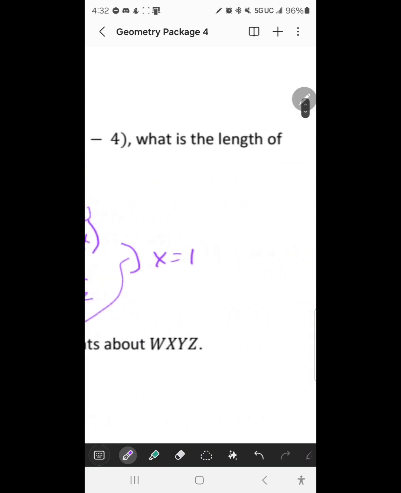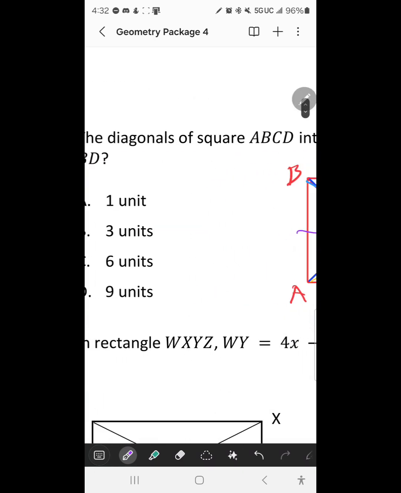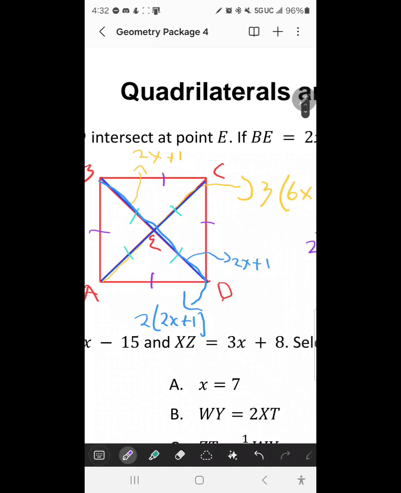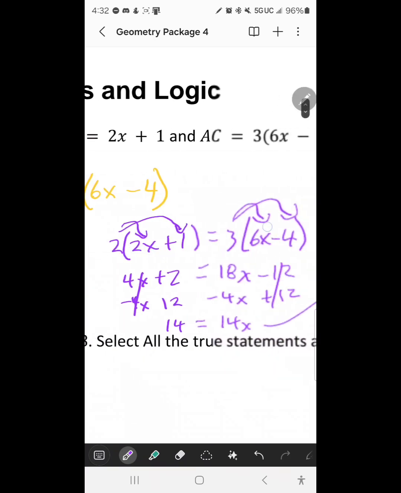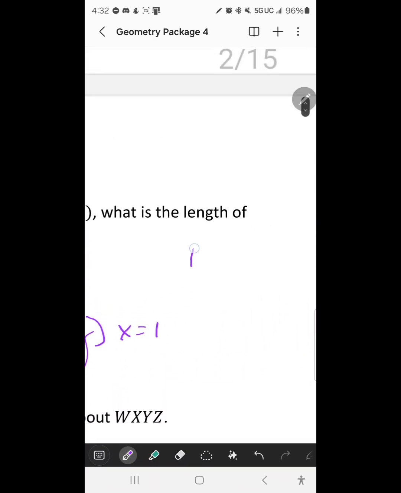And now that we have the value of x, and we want to know the length of BD, we already established that BD is 2 times 2x plus 1. So BD equals 2 times 2x plus 1.